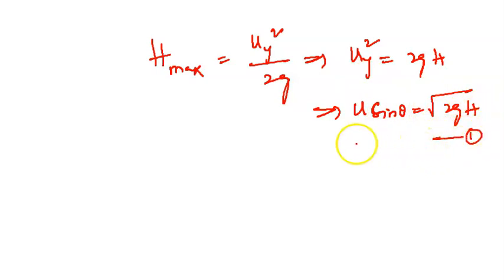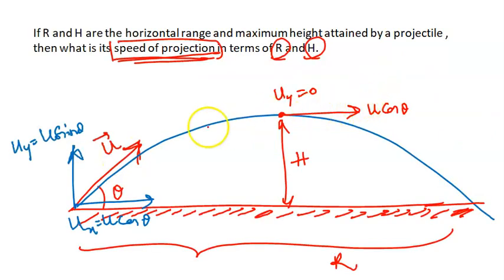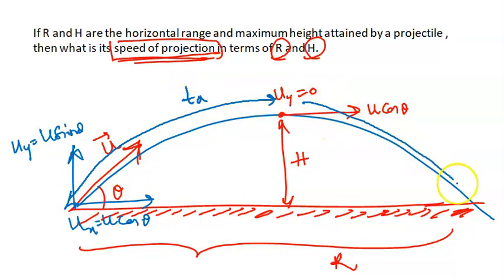Then as the projectile is projected, the time taken by the projectile to move from the ground to maximum height is the time of ascent, and from maximum height to the ground would be the time of descent.